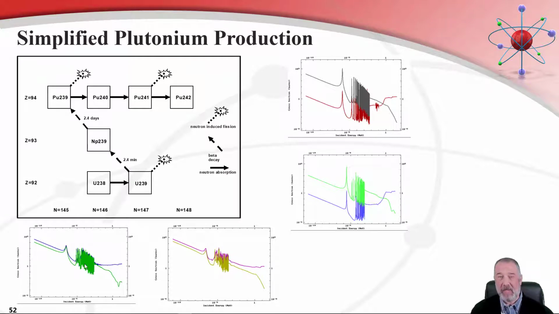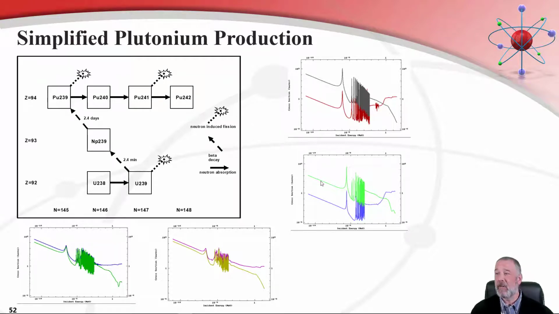This comparison of cross-sections has a lot to do with why these isotopes are fissile instead of just fissionable or even fertile. Now, if we look over here on the right-hand side, we have two more sets of plots where the lines are pretty well separated by many orders of magnitude.